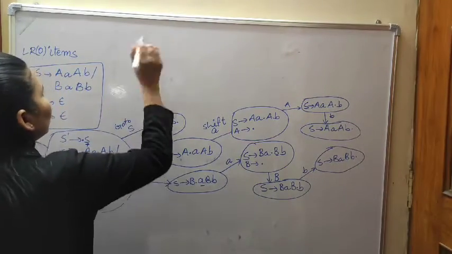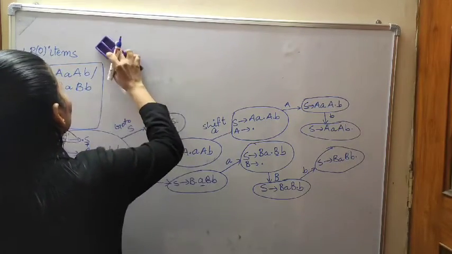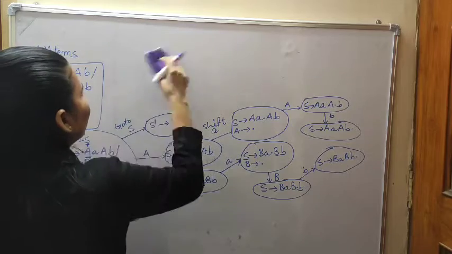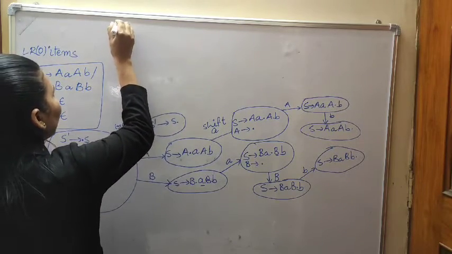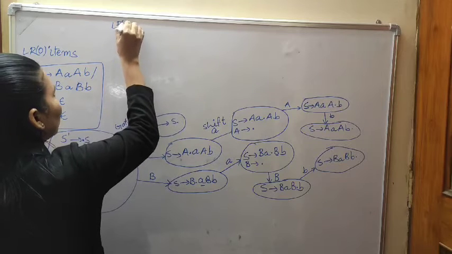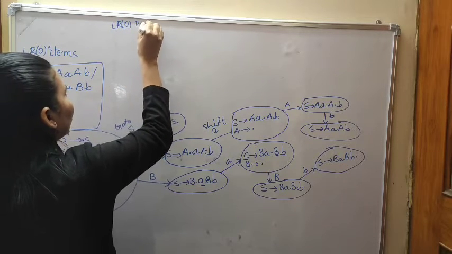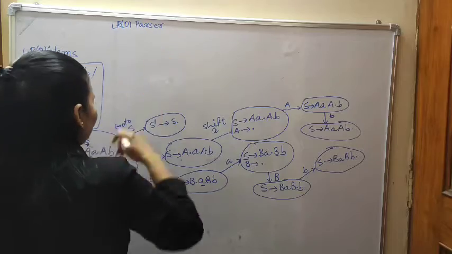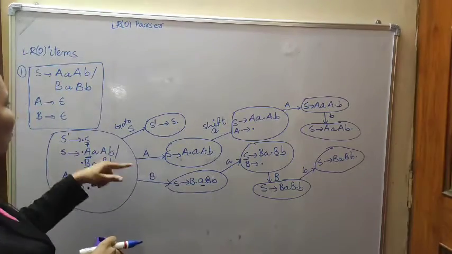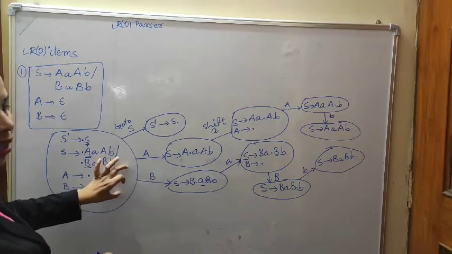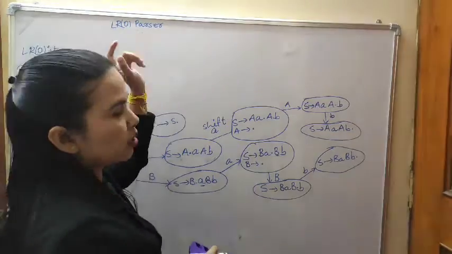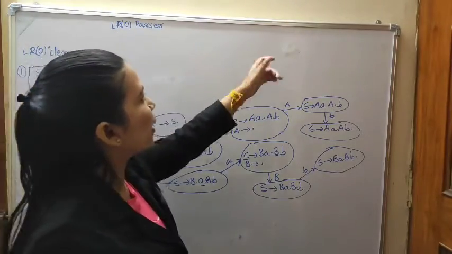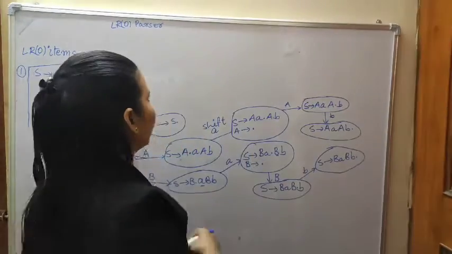Now we will see the LR parser table. Two parser tables we will see. First we will check the LR0 parser table. I told you that through this canonical set of LR0 items, we can construct two parser tables, the LR0 parser table and the SLR1 parser table.